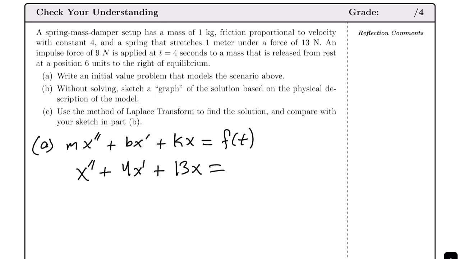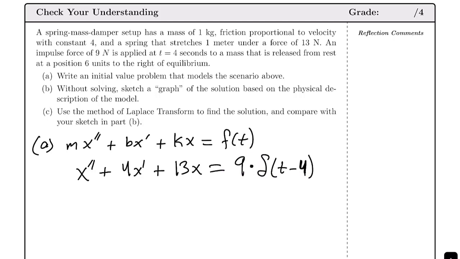Now, the right-hand side, the external forces, there's only a single impulse force of 9 newtons applied at t equals 4. So that's 9 dirac of t minus 4. Remember, the dirac models impulse forcing. The time is at 4, and it's 9 newtons, so we have a 9 on the dirac.